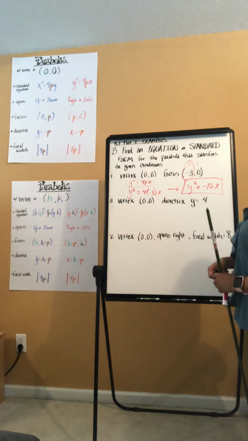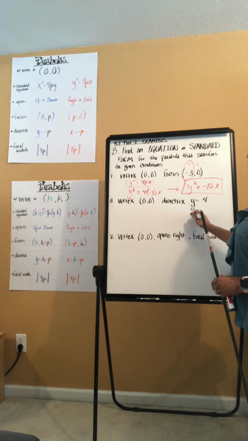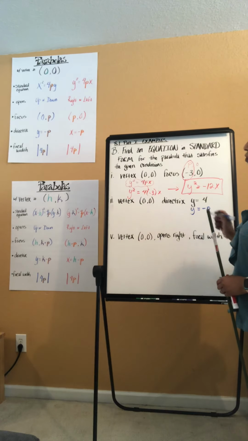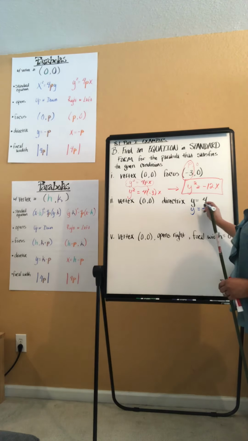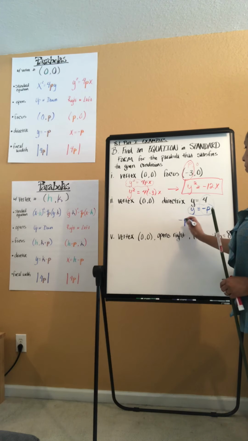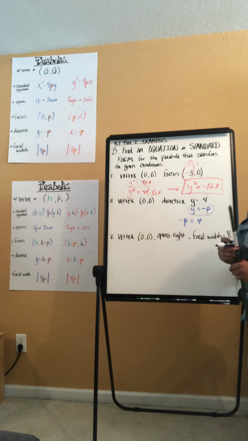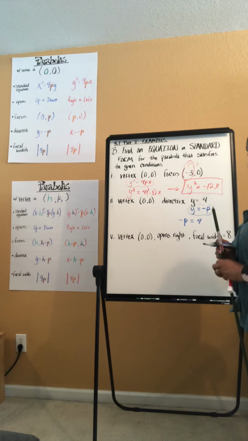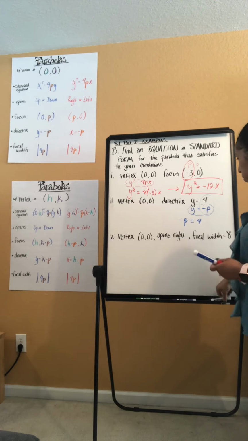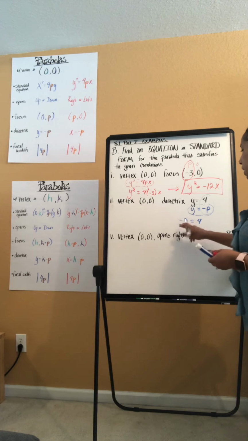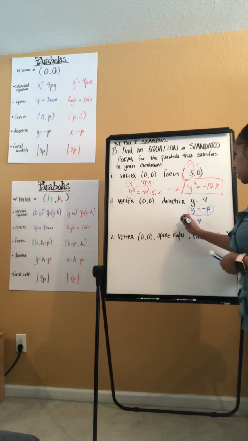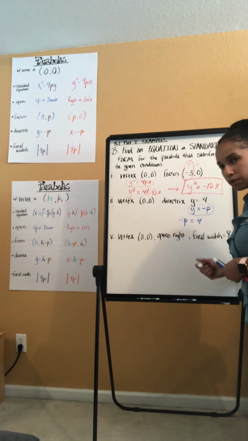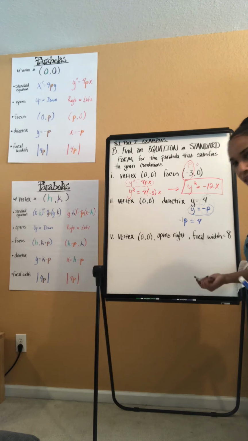Y equals, and the formula is supposed to be -p. All right, so that means that -p is 4. If -p is +4, then +p is -4. Because technically, -p is like an invisible -1 times p.